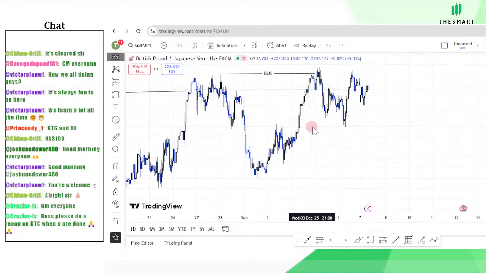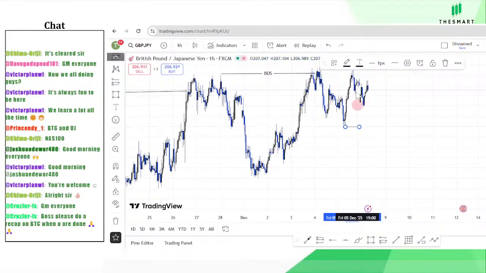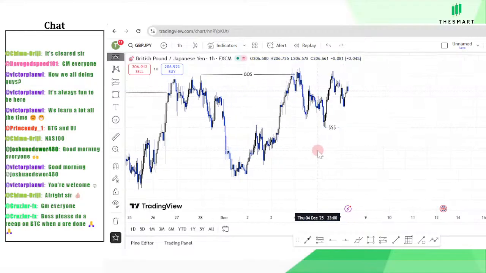We have this fair value gap, and price has already filled that, giving us a liquidity point. So look at this point here. What am I expecting on GBP? I want to see this price drop to this point here.